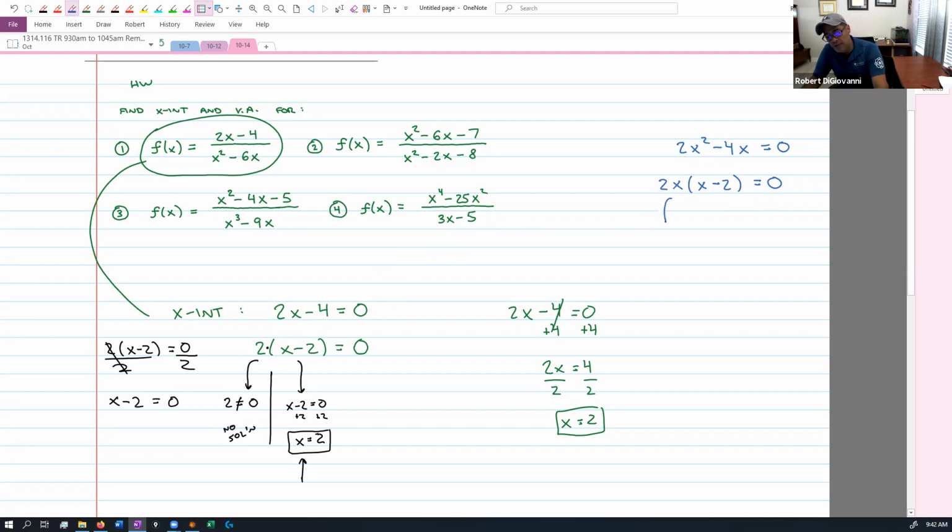And now when you set that to 0, yes, you will have a solution because 2 times 0 gives you 0. So you actually get an answer here. And then you get the 2 from here also. So you get 2 answers, right? But because over here it was just a 2 and there was no x next to it, then, well, 2 can never be 0.